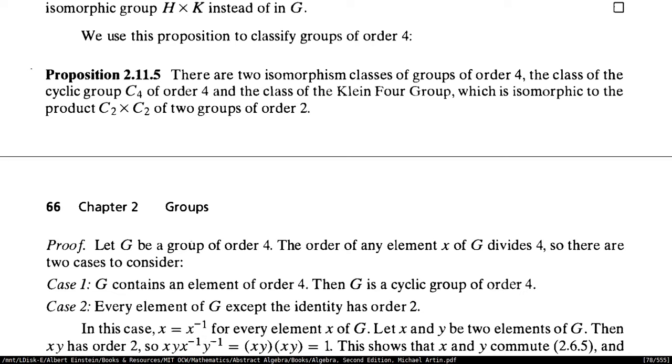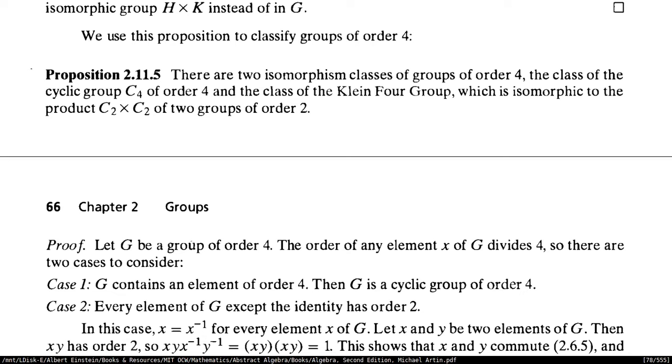So yeah, F is going to be an isomorphism if and only if the elements from the H and K subgroups are going to commute, right?